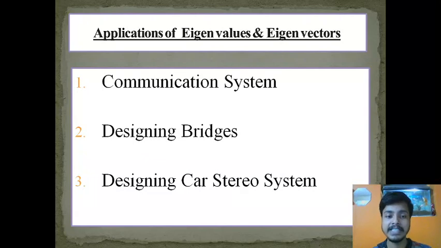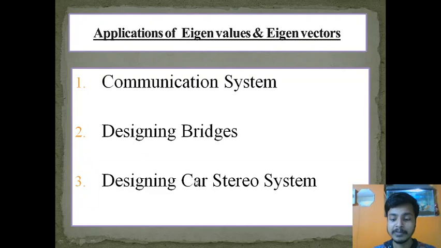As we have seen these applications, those students who belong to the CIT department or electronics and telecommunication, their applications are covered in the first one. Those students who belong to mechanical and civil engineering, their application is covered in the second, and those who belong to electrical and electronics and telecommunication, their application is covered in the third part.